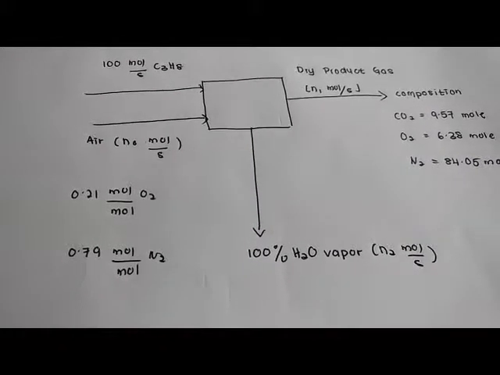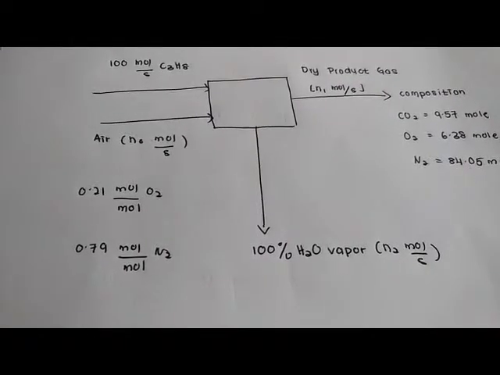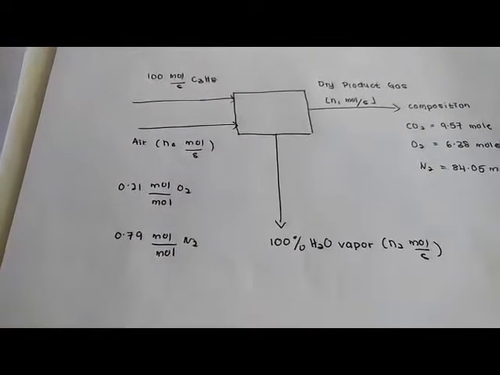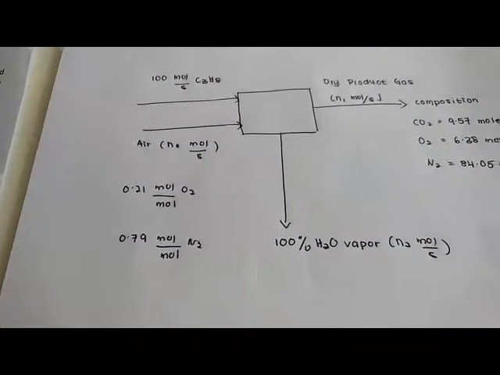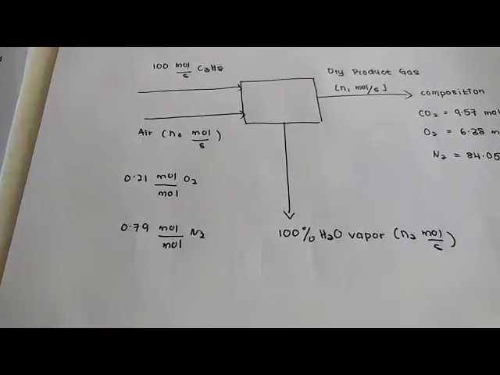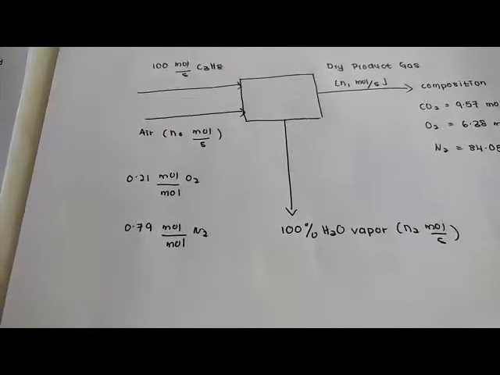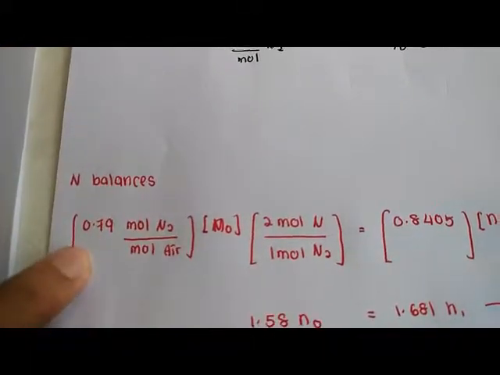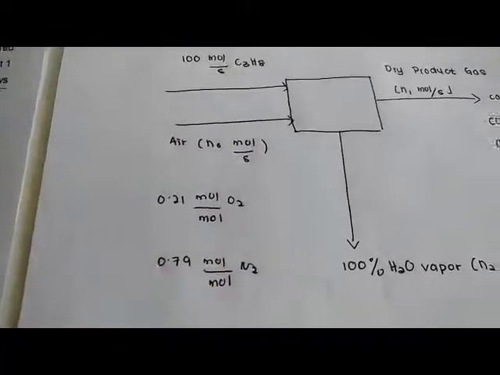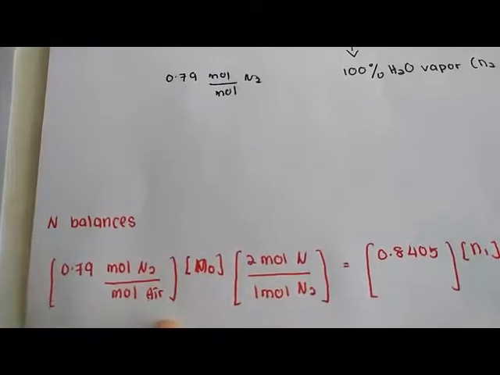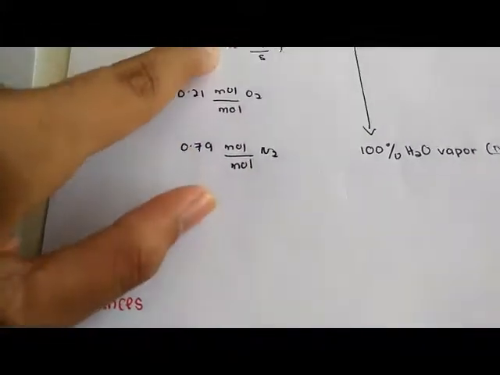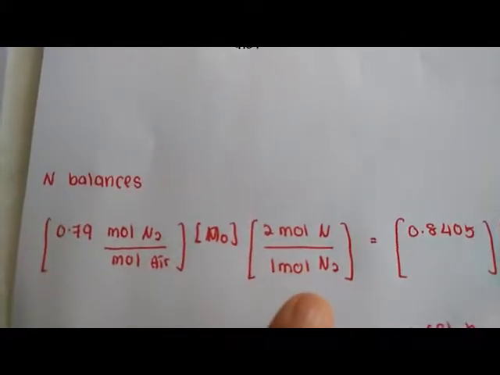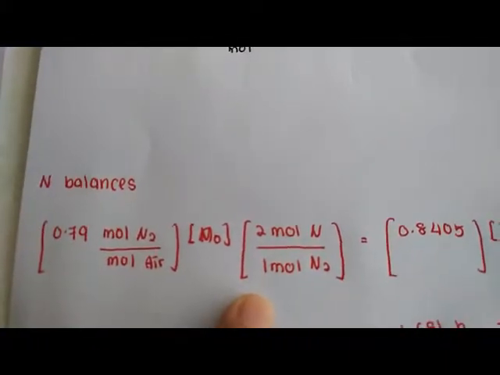Okay, right now we proceed to question number 3. This is the figure diagram for question number 3. Right now we need to use the atomic species balance. First we use the N balance: 0.79 nitrogen times NO and 2 mole N atomic per 1 mole nitrogen.